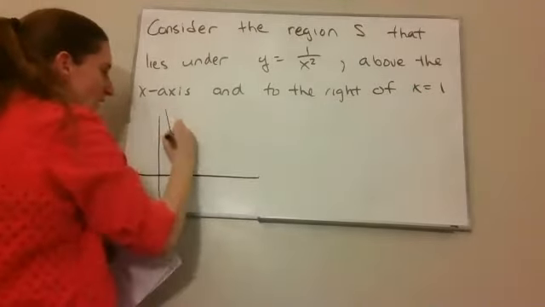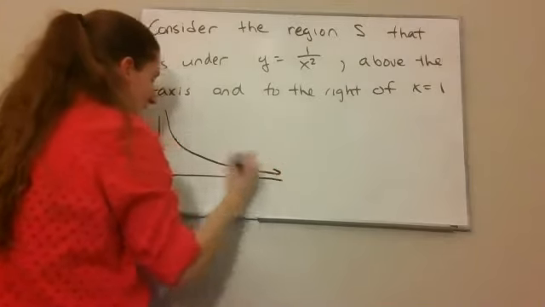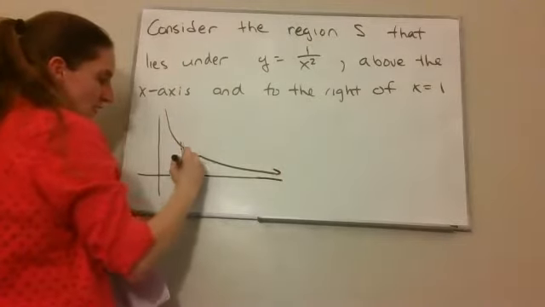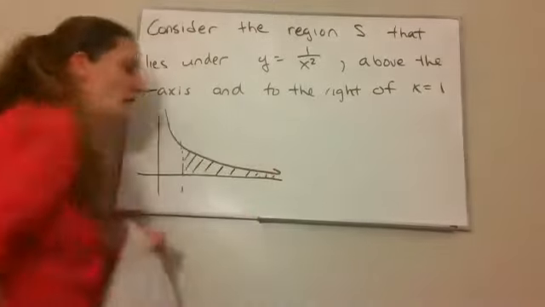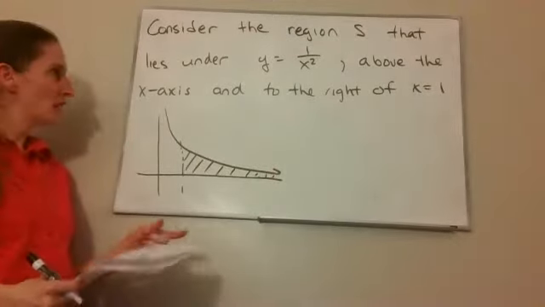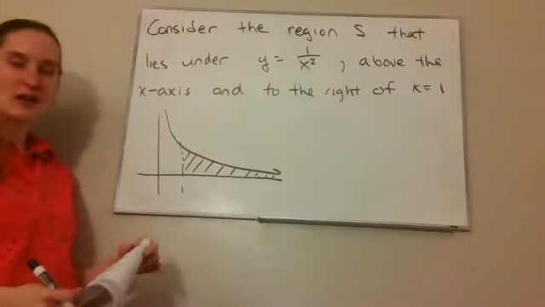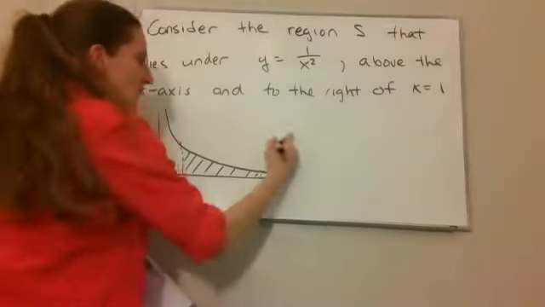So what this looks like, here's 1. We're talking about this region here, and it's going on forever. And we want to talk about what the area of that region is.